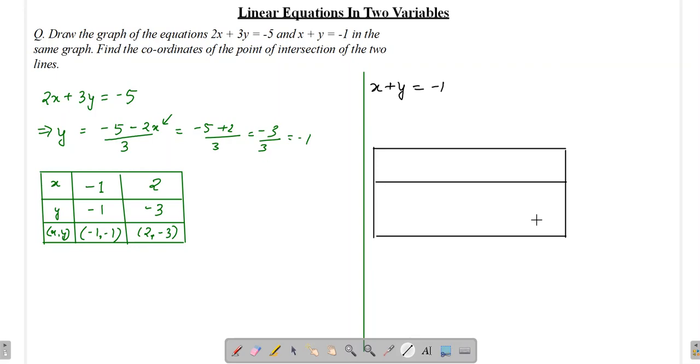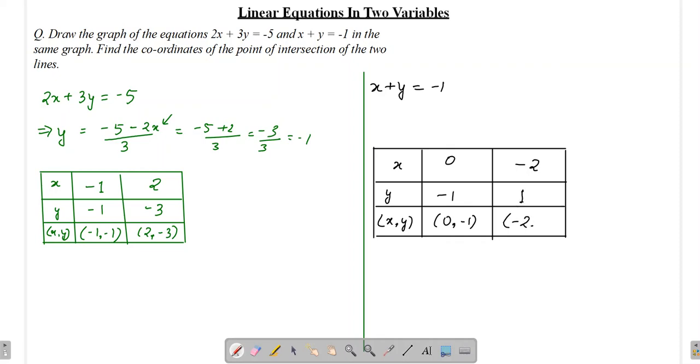So for this also today we'll take only two values, x, y. If I take x as 0, we'll get y as -1. So the first solution is 0 comma -1, and if I take x as -2, I'll get y as 1. So -2 comma 1 will be the second value.